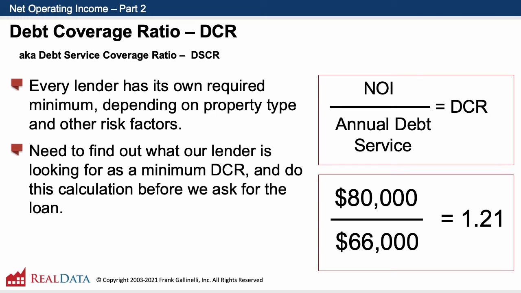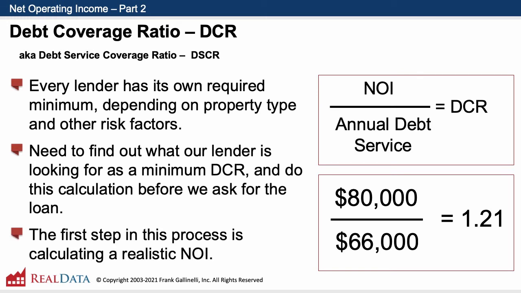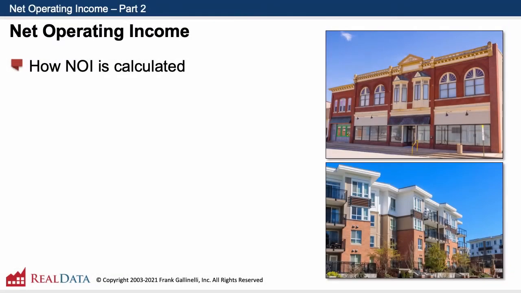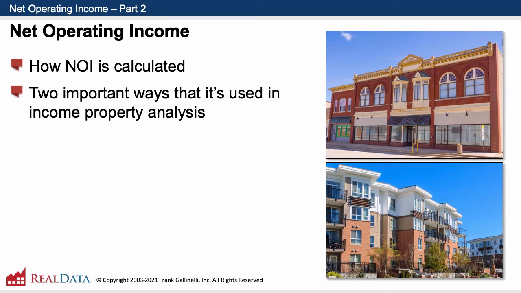And as we've seen here, the first step in this process is calculating a realistic NOI. I hope you've found this informative. I've tried to show you how NOI is calculated and two important ways that it's used in income property analysis.